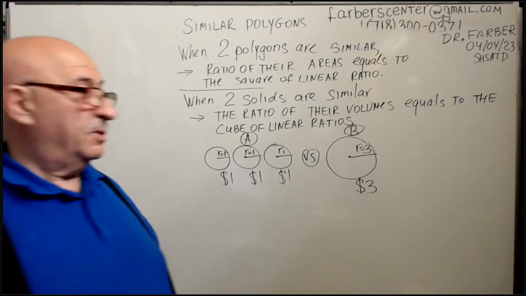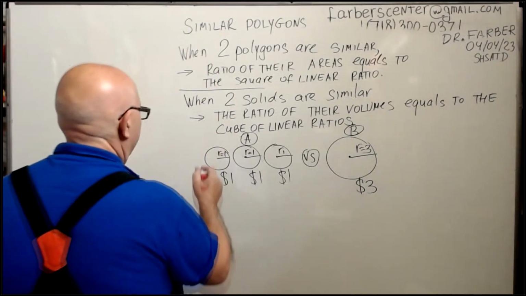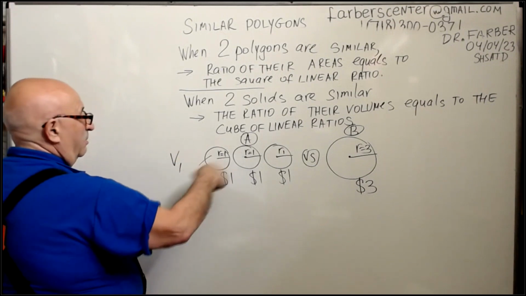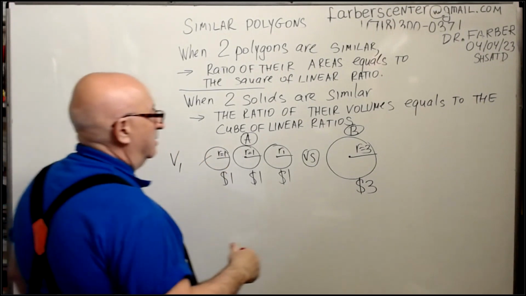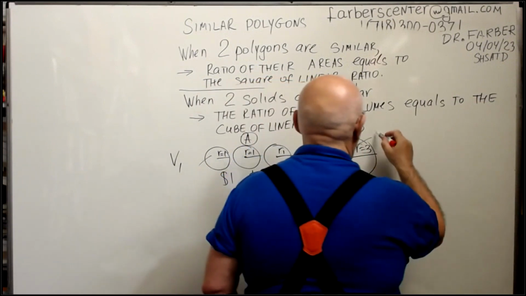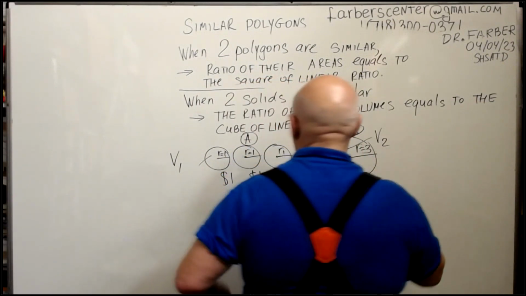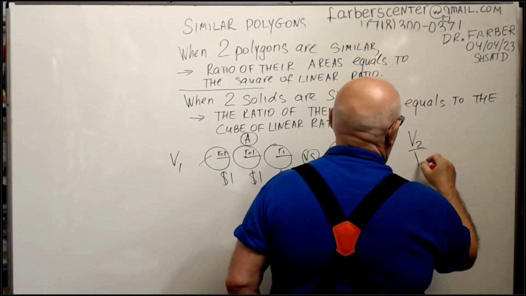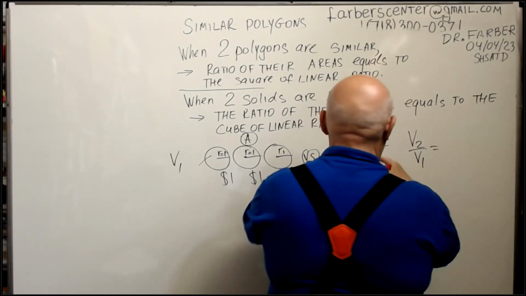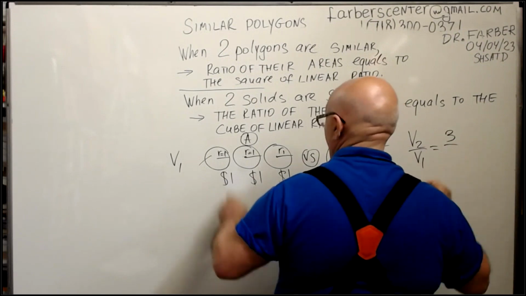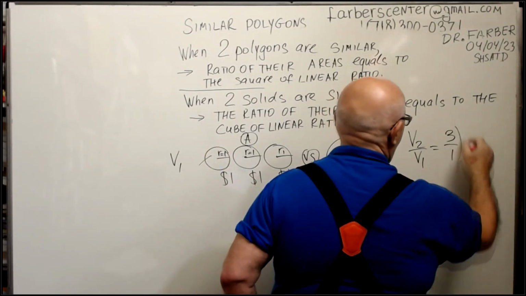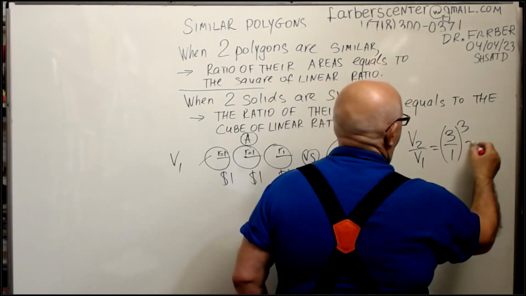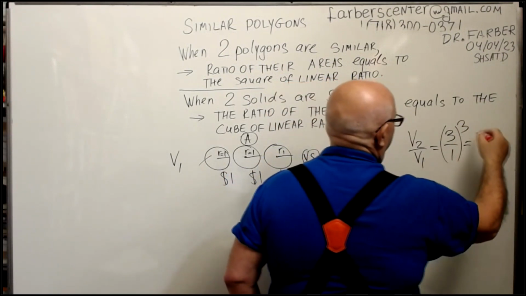Let me use this formula. Let's say this is V1, I'm talking about one sphere, and this is V2. And they're similar. All spheres are the same. You can write V2 over V1 equals 3 over 1 to the third power. And this is equal to 3 times 3 times 3, 27 over 1.